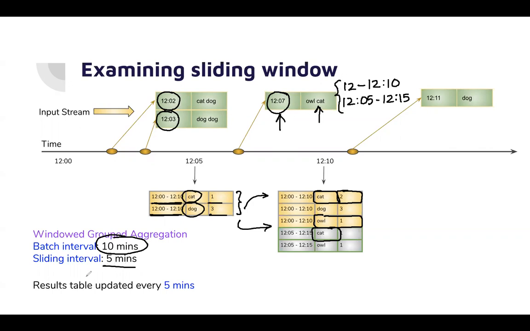Since your sliding interval is 5 minutes, the result will be generated every 5 minutes, and this is how the windows will look. There will be one window from 12 to 12:10. The next window will be from 12:05 to 12:15. And you can guess the next window will be from 12:10 to 12:20.